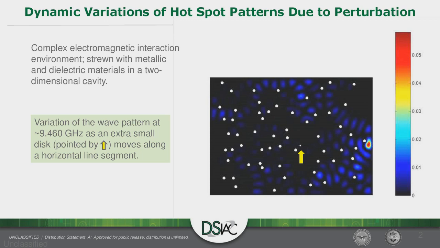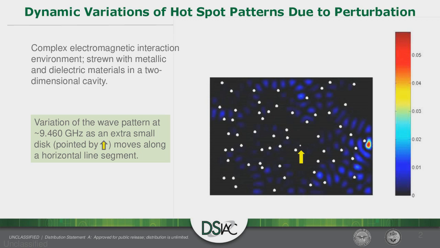Unfortunately, this slide cannot show the video. The point is, there is a small little thing pointed to by the yellow arrow, this one. Once you start to move it in the video, the electromagnetic wave pattern changes quite dramatically.